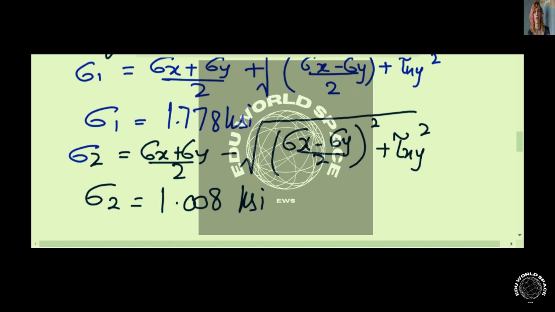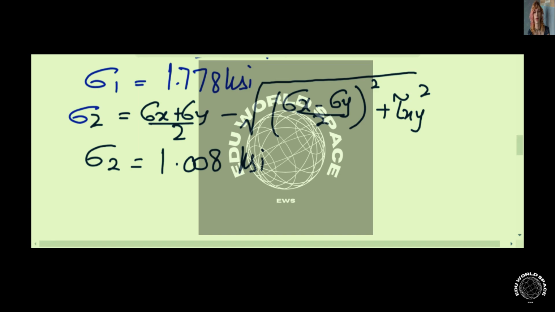Since the two principal stresses have the same sign, equation 10.27 tells us that the highest principal stress is smaller than the yielding stress and the material will not fail.